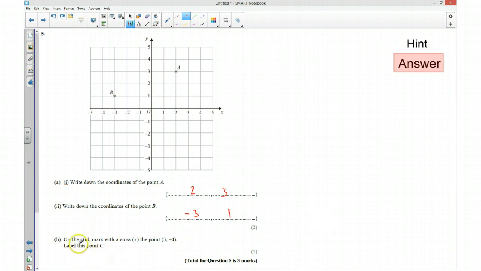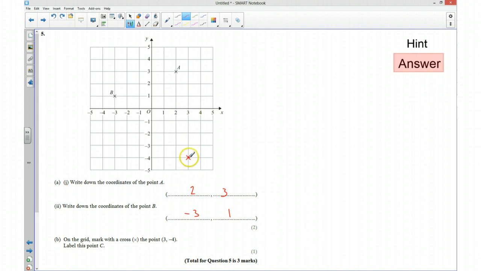Finally, part B says on the grid mark with a cross the point 3, -4, and label this point C. So we go along the corridor 3 and up the stairs at -4, so that's going to actually be down the stairs, and that takes us there.